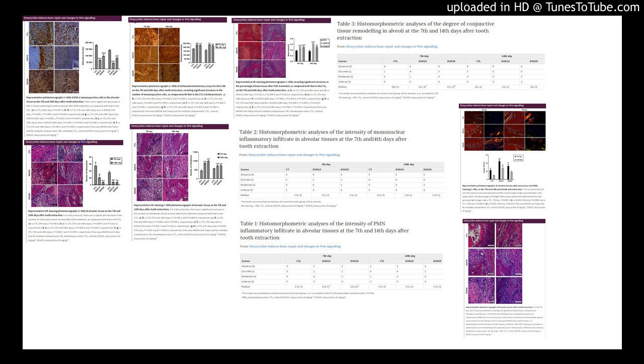WNT proteins play a very important role in several mammalian physiological processes, including embryogenesis, organ development and regeneration, and cell migration and proliferation. 38 Osteogenesis is induced in response to bone morphogenic protein 2, BMP2, stimulation and is sustained by WNT signaling.